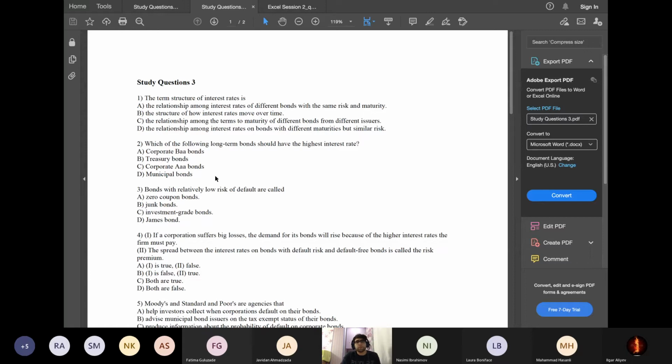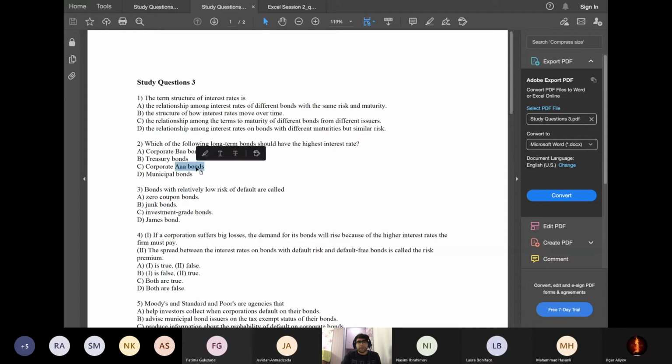Coming to corporate bonds, they are classified based on their risk of probability of going default. AAA bonds, or the ones with the A grade, they are investment grade bonds. They have lower default risk, so they are safe to invest.